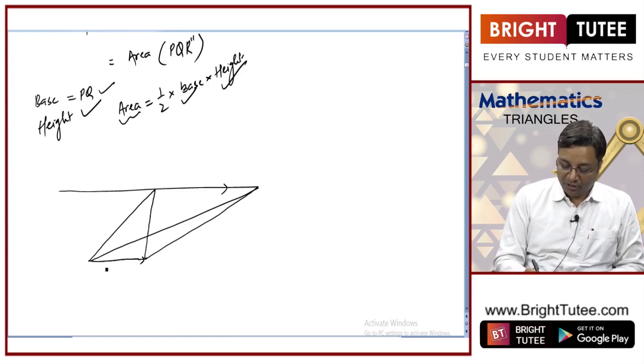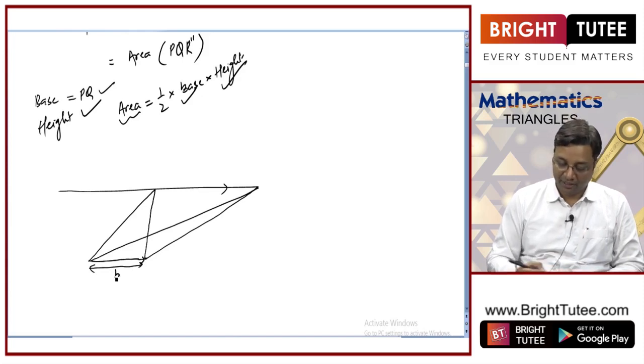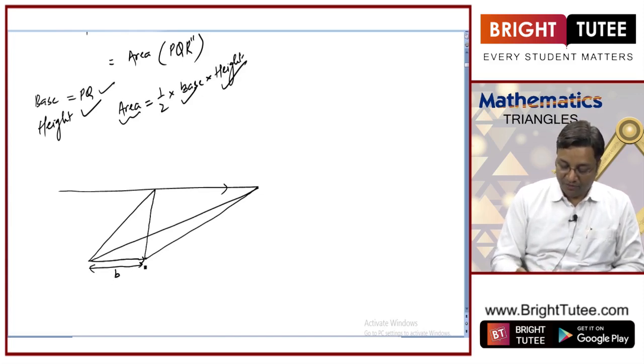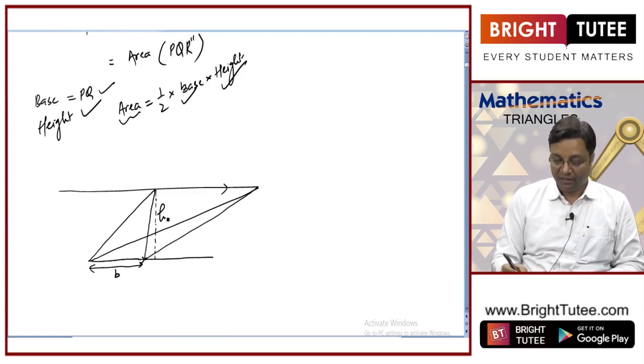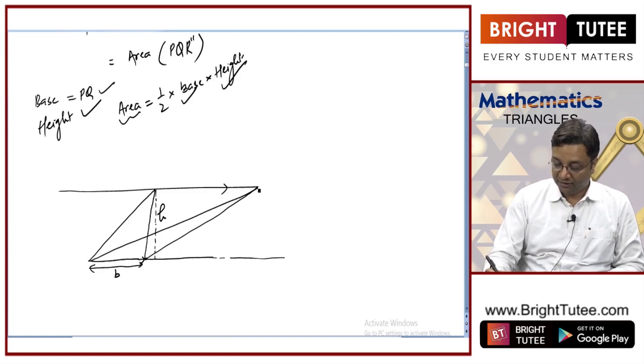Now, for these two triangles, the base is this. Let us say name it b. Okay. What is the height of this triangle? This triangle will have a height of this h, right? And what is the height of this triangle?